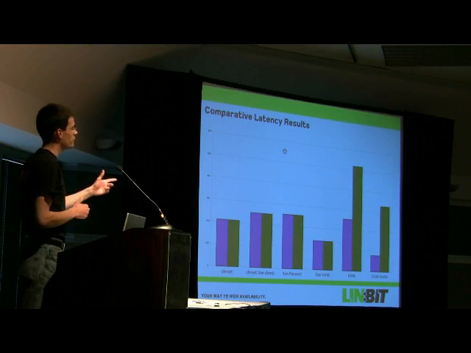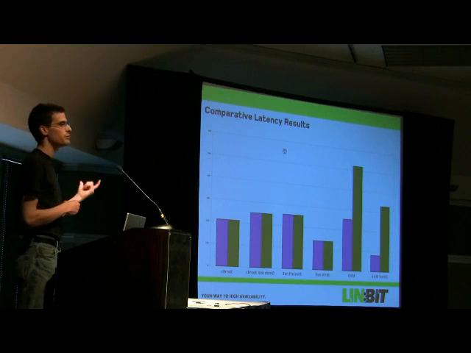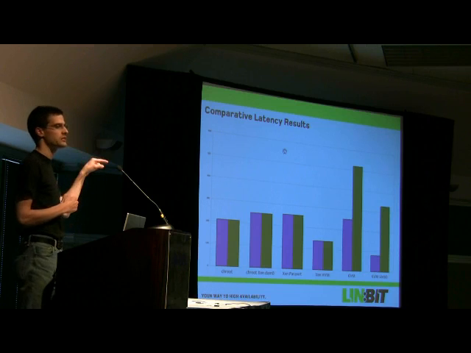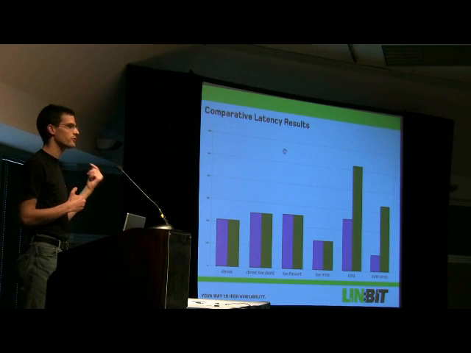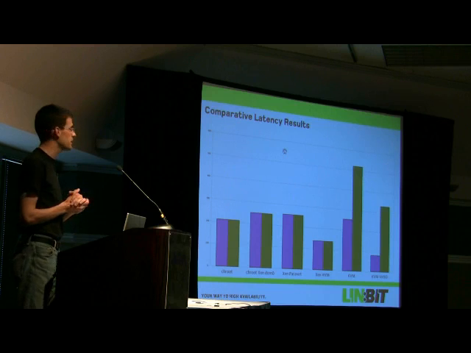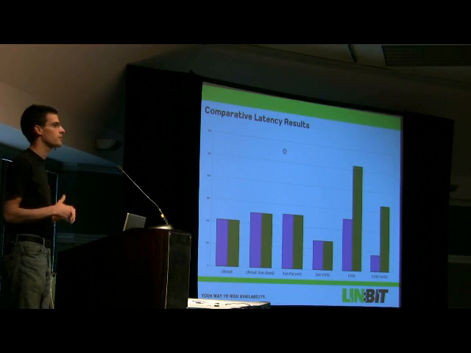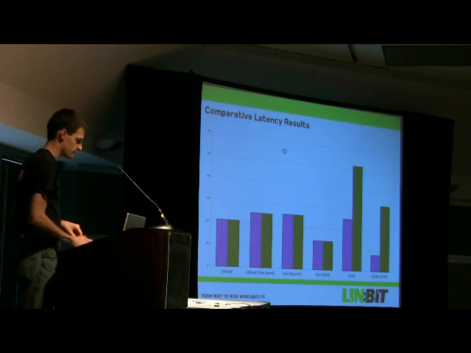But still, with KVM, with VirtIO, with caches turned off, we get about a 50% performance penalty over the baseline. So 1.5 times slower is better than 2.5 times, but still, it's a pretty hefty latency penalty that you're seeing here from KVM as a virtualization environment.